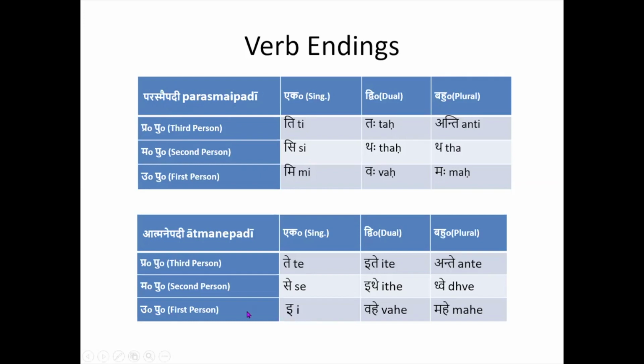And atmane padi, if you again split it, atmane means for oneself. So originally, these verb endings were used, parasmaipadi, when you were doing the action for somebody else, and atmanepadi when you were doing the action for yourself.